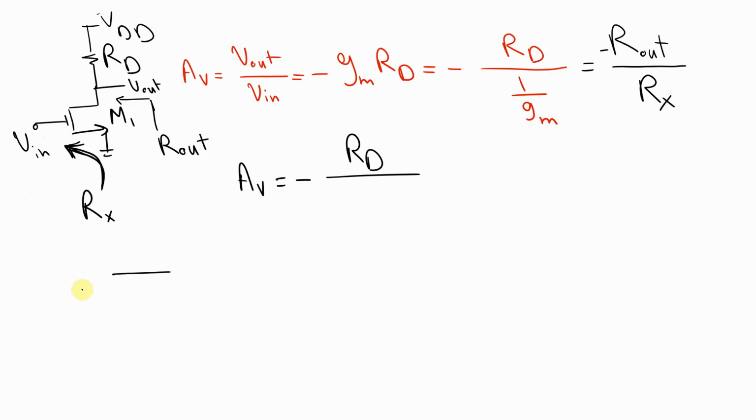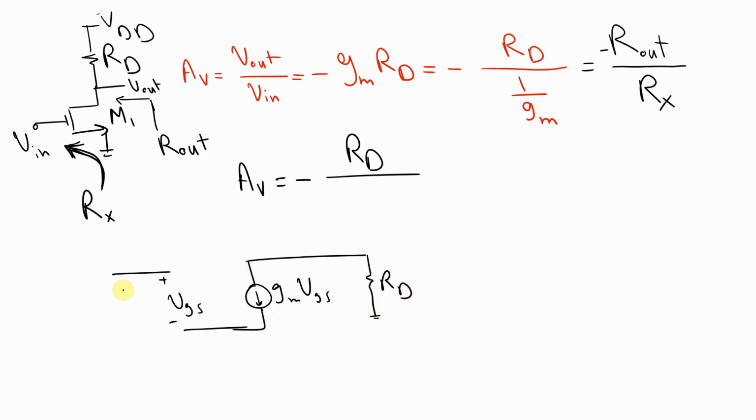This is the small signal model, with plus minus VGS, here this is gm VGS, and this is RD, which is not important in this calculation. And this is Vin. I'm going to look at this amplifier from the source in order to calculate Rx. How can I do that? I have to put a test voltage, which I'm going to call Vx, and calculate the current Ix.